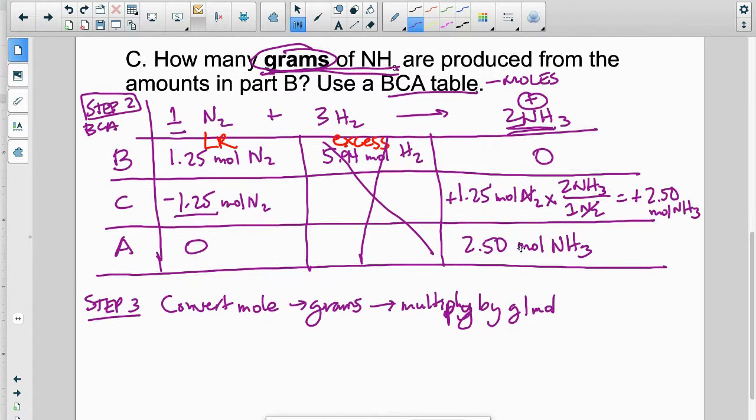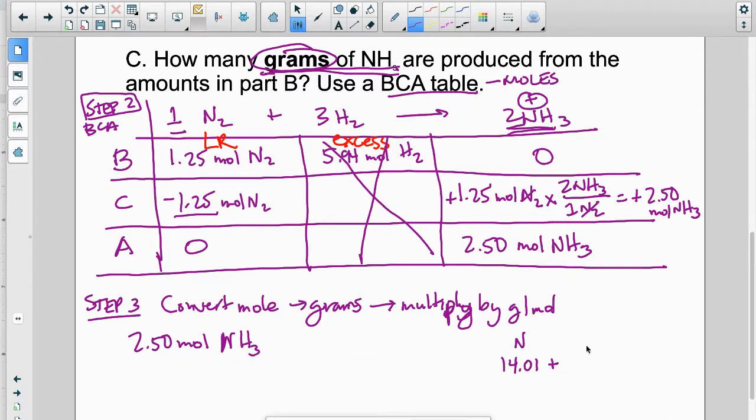All right, so we take our moles of NH3, 2.50 moles, and we convert this to grams by multiplying by the grams per mole. Let me find the molar mass of NH3 over here. We've got 1 nitrogen, that's 14.01 grams per mole.